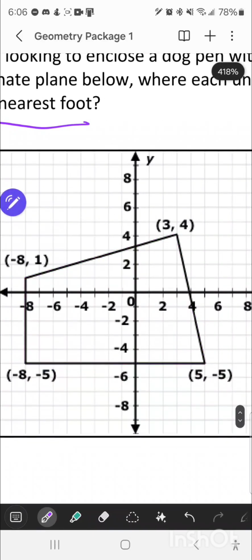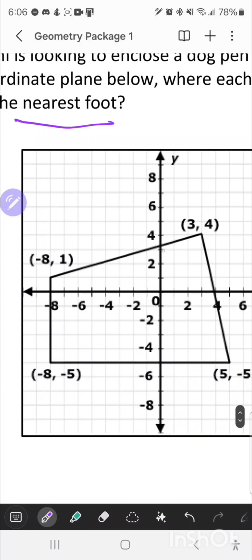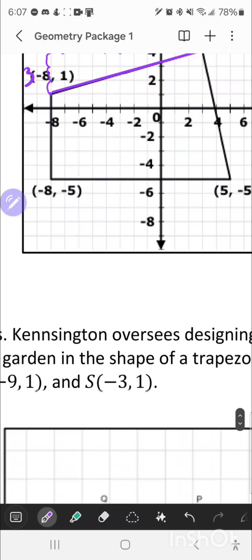Now, I was explaining before that we don't really need to use the distance formula for this. Each square is 1 unit. So I'm going to do this: 1, 2, 3, this is 3. And 1, 2, 3, 4, 5, 6, 7, 8, 9, 10, 11, this is 11. We use the Pythagorean theorem, where these are the legs and we want to find the hypotenuse, the big side.